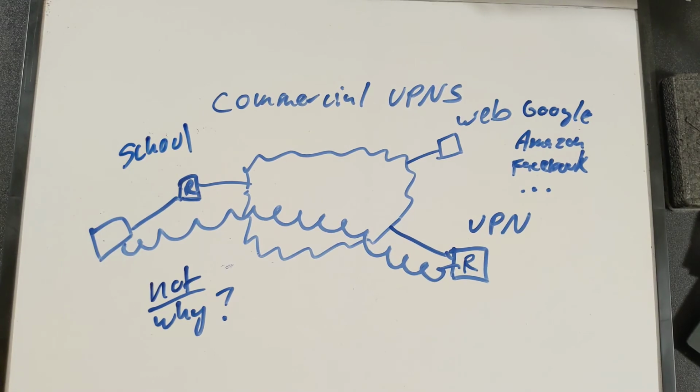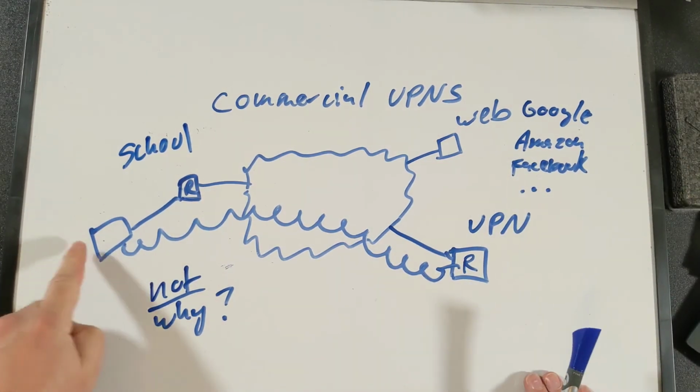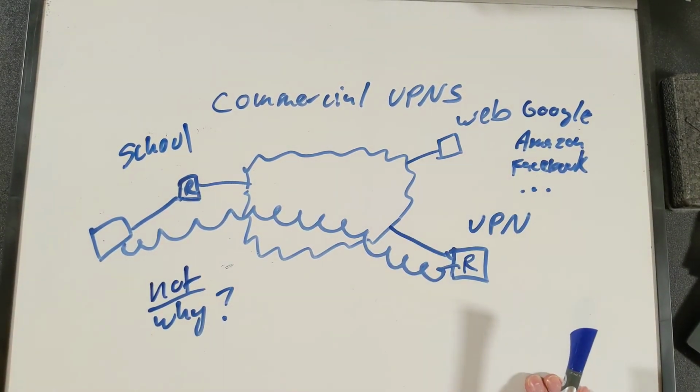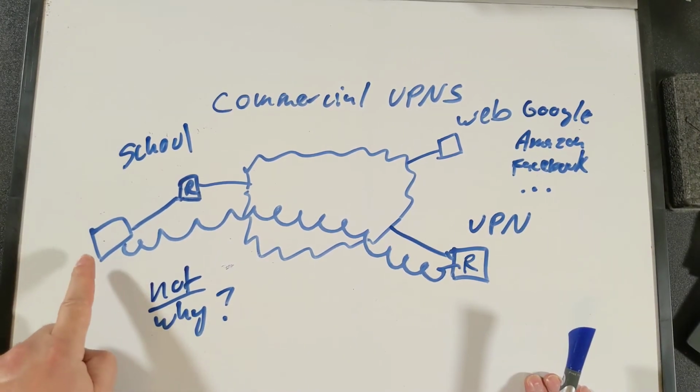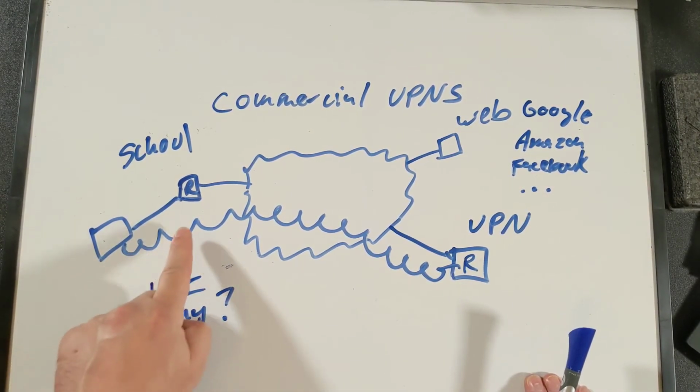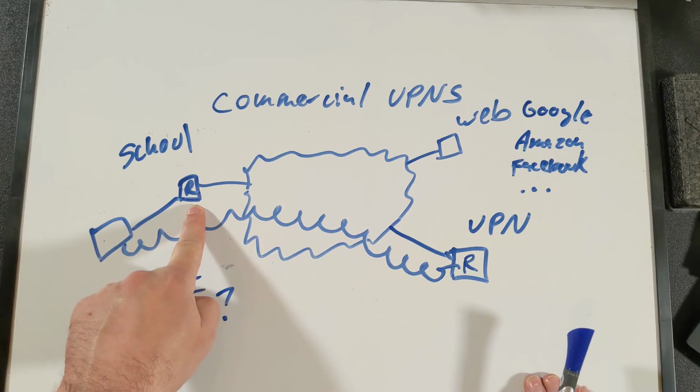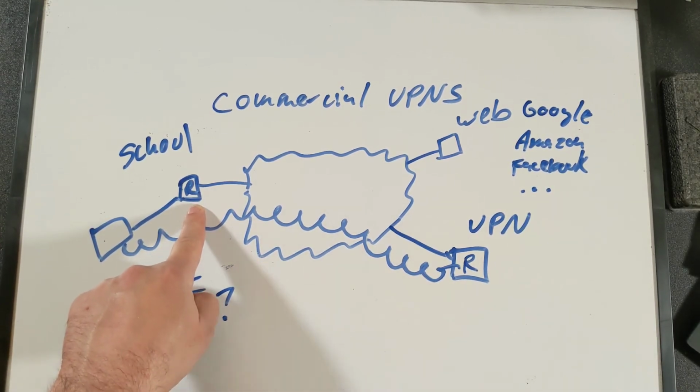So if you connect to Google directly from your school network, then you probably have a private IP address on the school network. You're going through a router that's doing network address translation, and that router is going to have a public IP address, and that public IP address is going to be shared by tens or hundreds of students at the school.